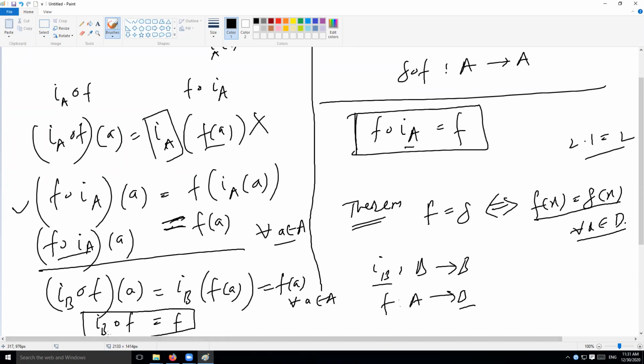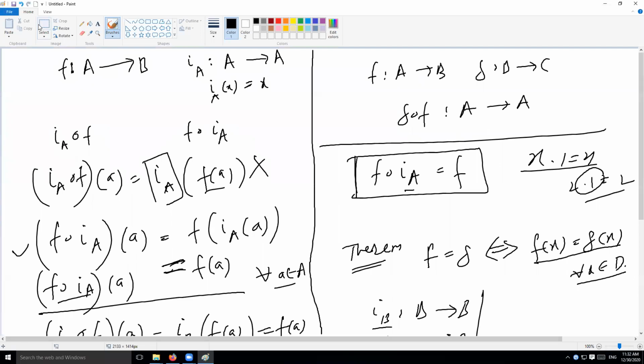Is that understood? Interestingly, both identity functions are behaving like the number one. You take any number and multiply it with one, you get the same number.